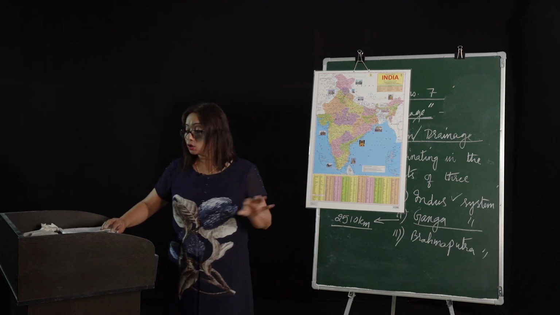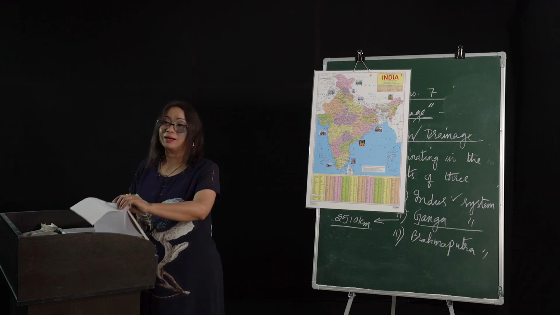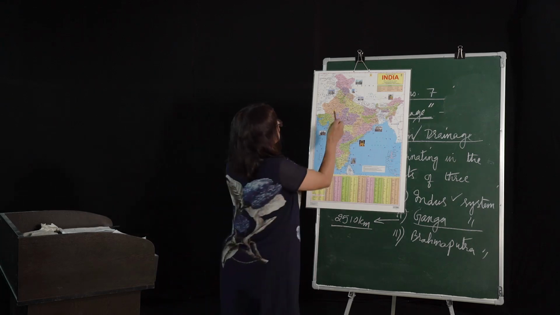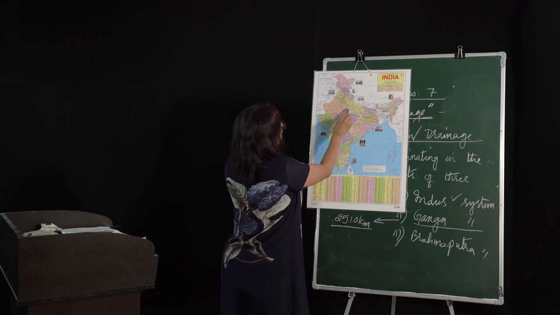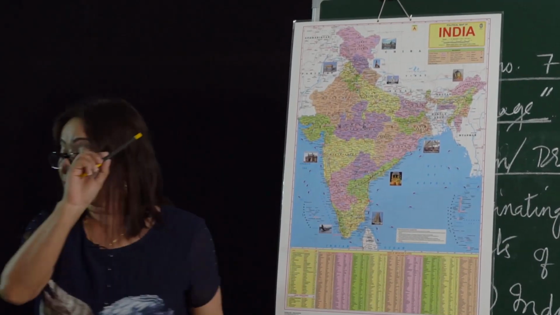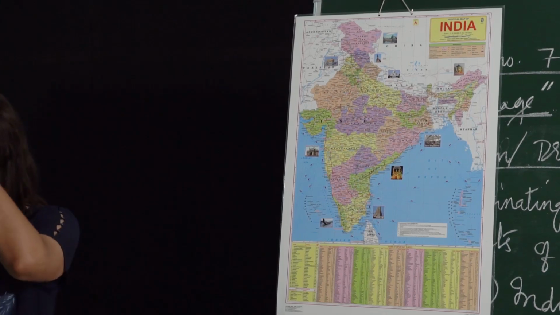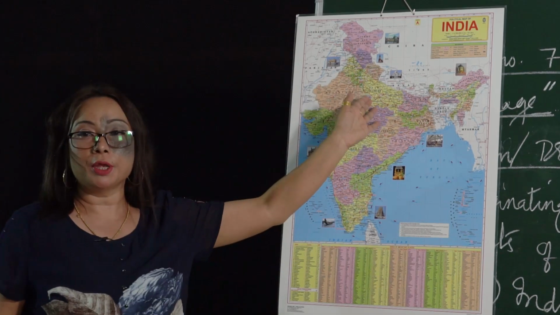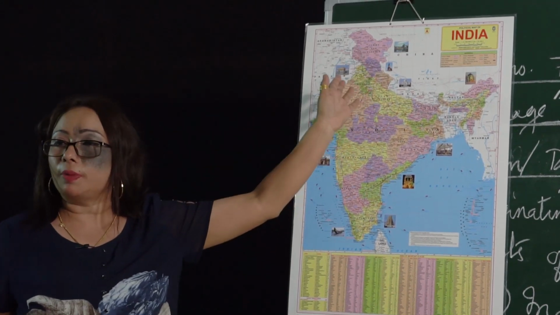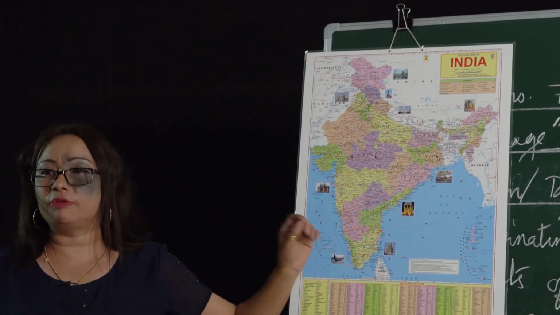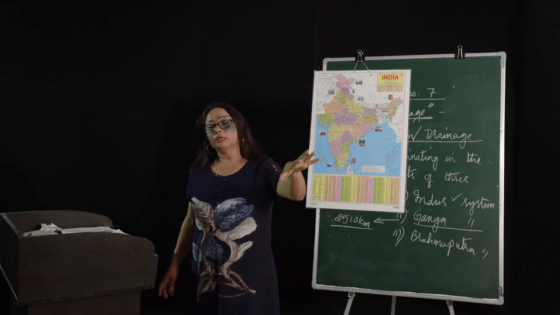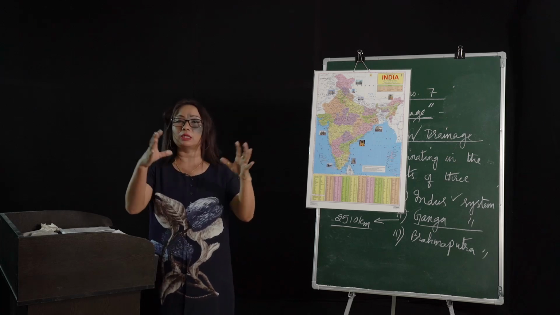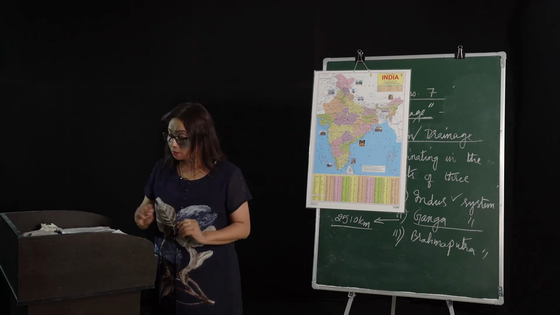These two rivers, the Bhagirathi and the Alaknanda, come and join in a place called Devaprayag. Somewhere here you can see Devaprayag. It comes and meets in Devaprayag, and there it forms the Ganga. These two rivers, Alaknanda and Bhagirathi, come together at Devaprayag and become the Ganga.